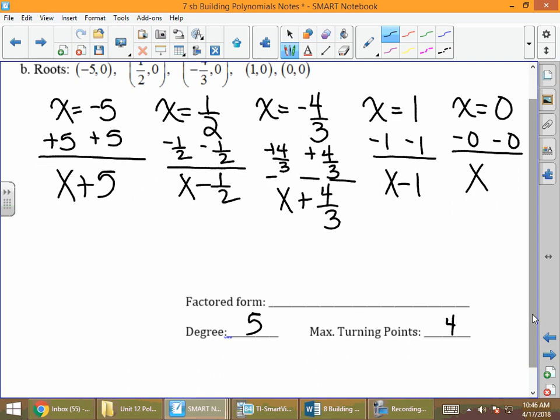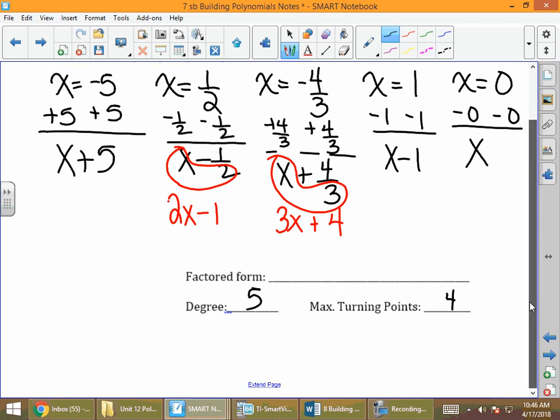Lastly, with respect to our fractions here, bottoms up, move the 2 up, and this becomes 2x minus 1. Bottoms up, move the 3 up, and this becomes 3x plus 4. And then we can finish writing our polynomial in factored form.